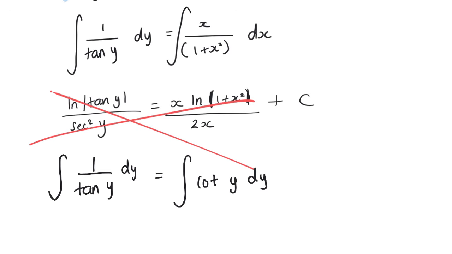Now, in the formula book, and this is why sometimes you don't remember this, your formula book for Pure 4 is going to be your best friend. In the formula book, it tells you the integral of cot x is ln of sine x. So this becomes ln of sine y.